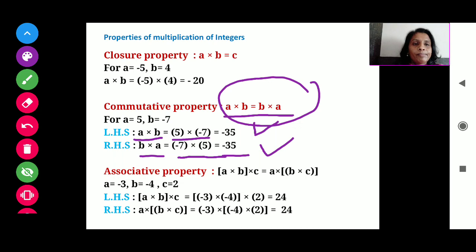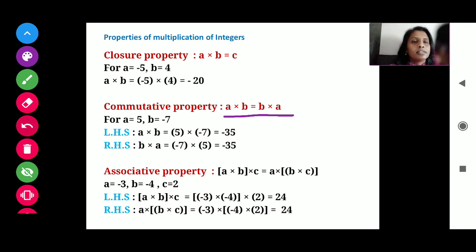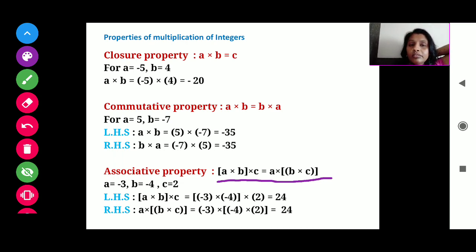Associative property. Here it is like that: a into b into c is equal to a into b into c, with the bracket grouping different sides. Again I have taken a is equal to minus 3, b is equal to minus 4 and c is equal to 2. So what is our left hand side? a into b into c. Whenever you have this kind of situation, I have already taught you what to do.